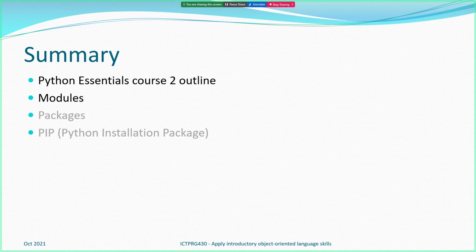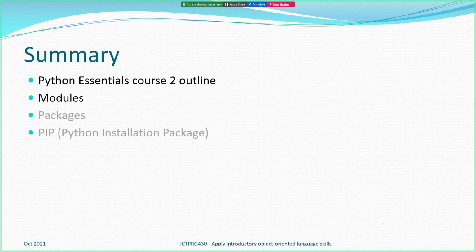So, in summary, we went through a quick outline of the 4 modules that make up the Python Essentials 2 course. We discussed that there are 4 chapters, each covering a different set of areas, and the first 2 are expanding on areas that we've covered in Essentials 1.